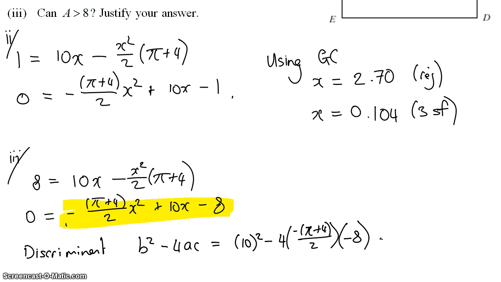And if you type this into your GC, you find that this is equal to negative 14.3 to 3 significant figures, which is less than 0.